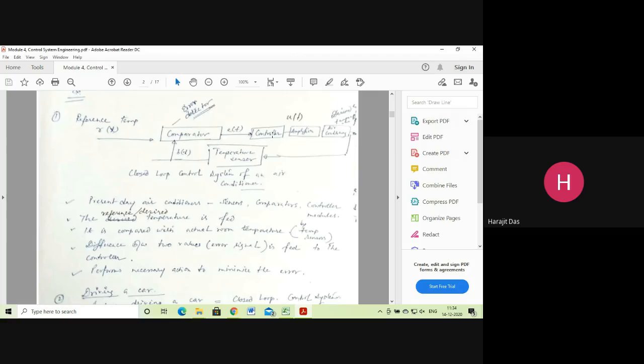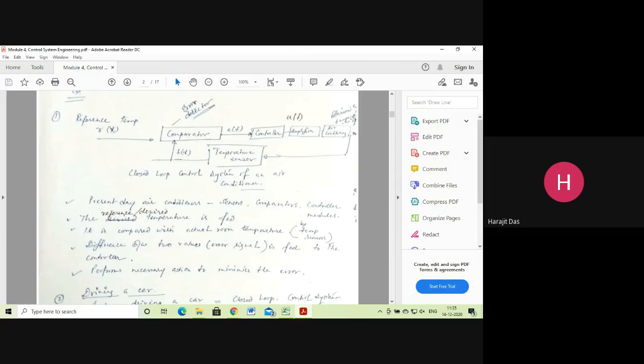Then the controller will be there. In the controller this E(t) will be fed, then U(t), the processing or exciting signal, will be handled by the amplifier. Earlier there was a system amplifier plus air conditioning system. So U(t) will be fed to the amplifier, which will convert the digital signal into an analog signal, and finally you will get C(t).